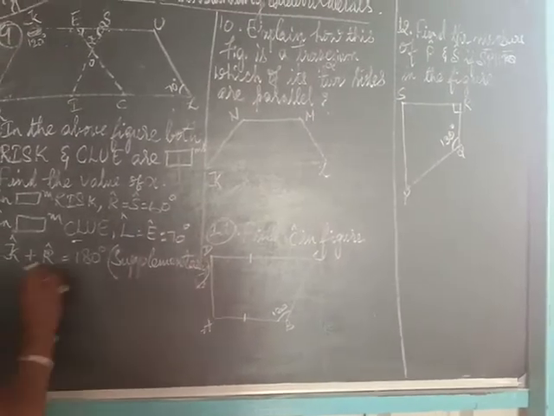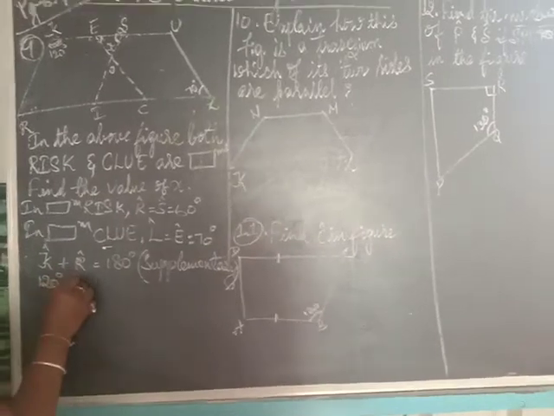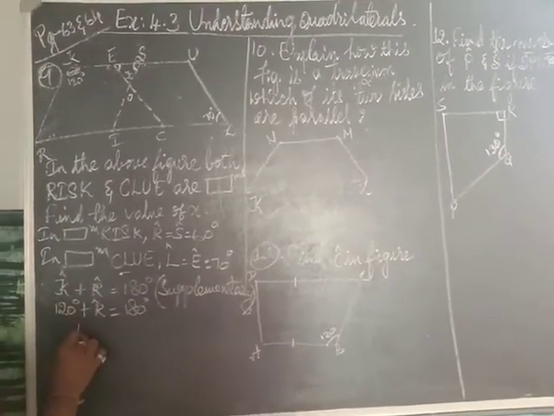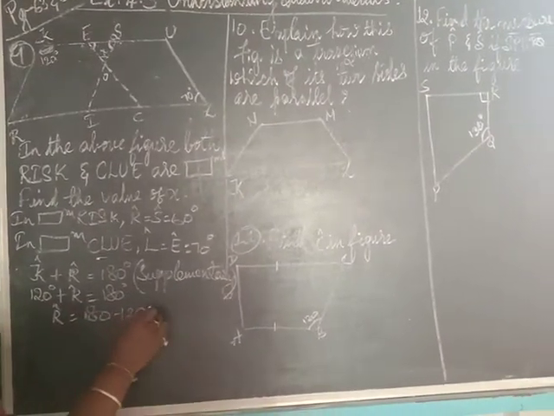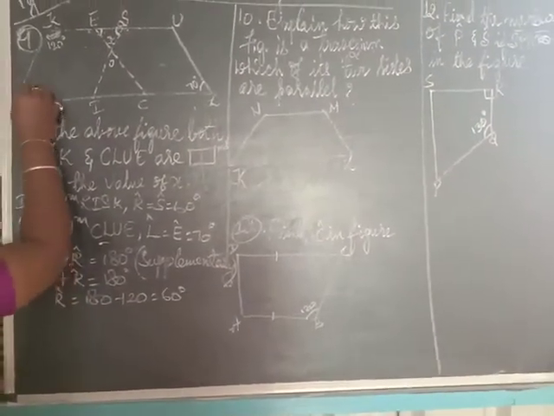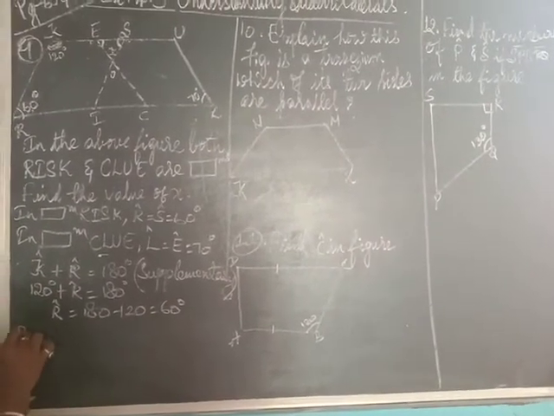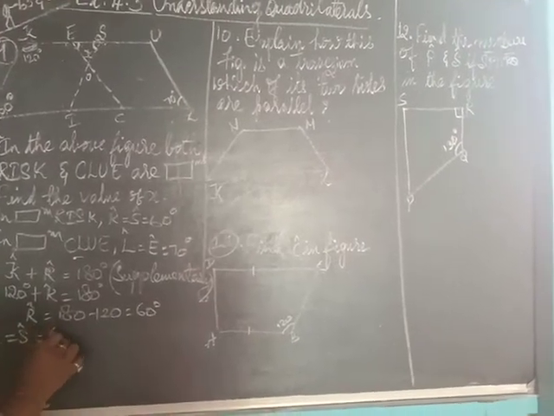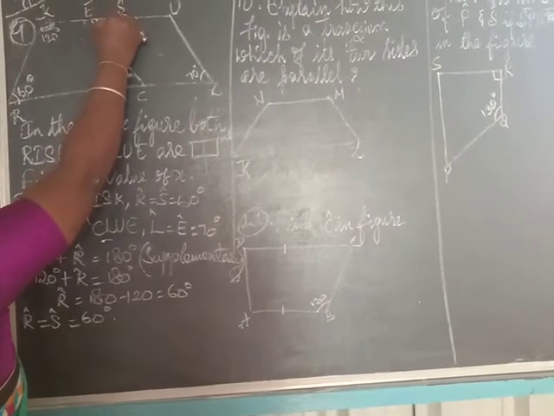So angle K, 120 degree, plus angle R is equal to 180. So angle R is equal to 180 minus 120 is equal to 60 degree. Okay children, now angle R is equal to 60 degree we got, and we know that angle R is equal to angle S, so angle S is equal to 60 degree.